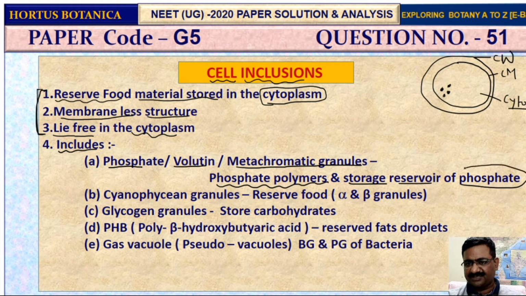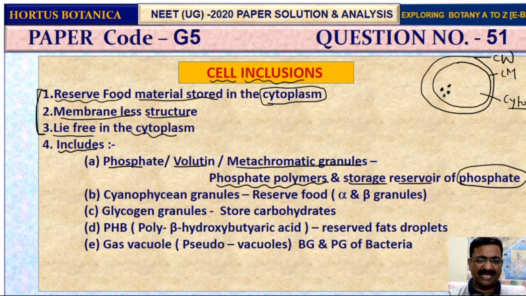You all know we need this phosphate for ATP formation. ADP and inorganic phosphate, by phosphorylation, form ATP. So think how important this structure is.